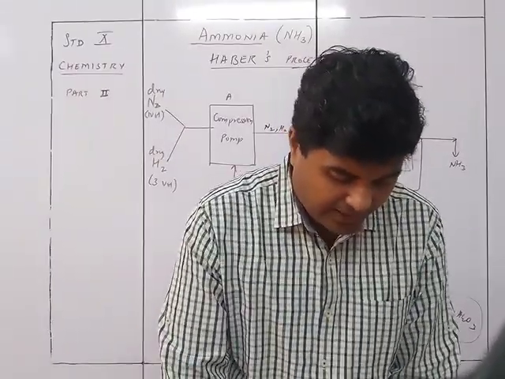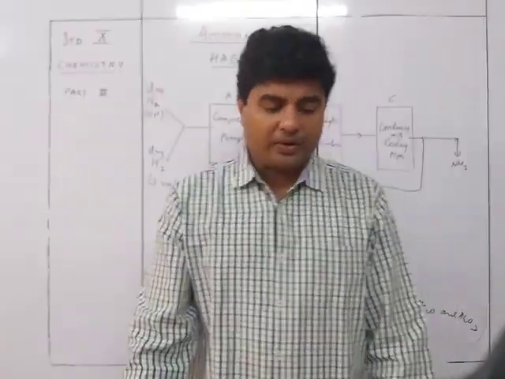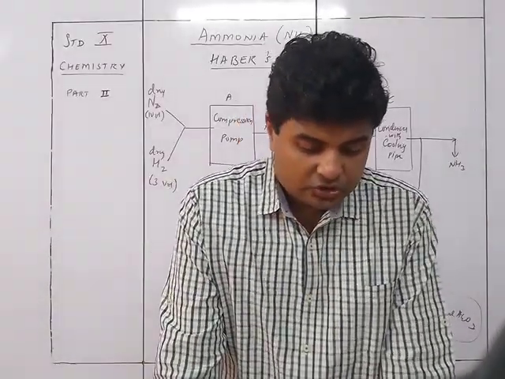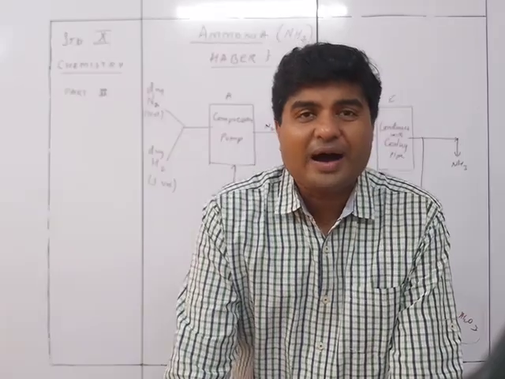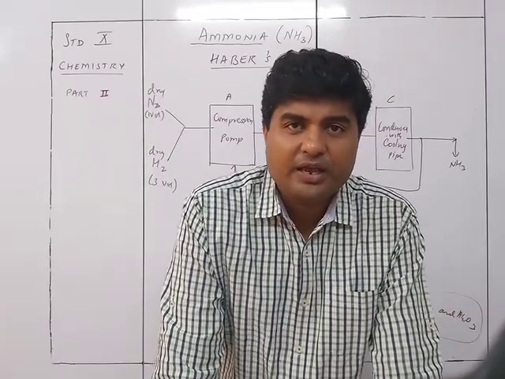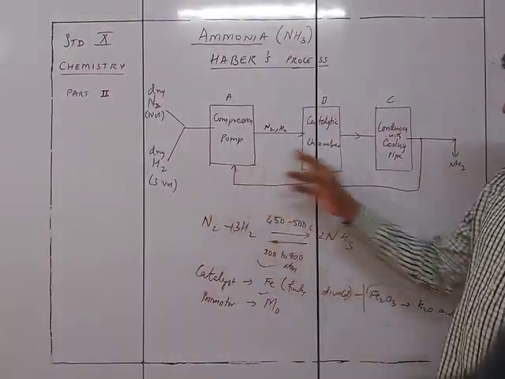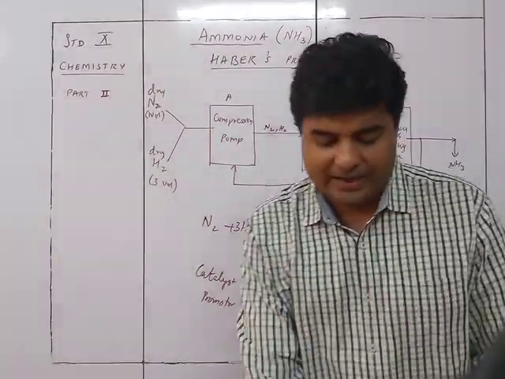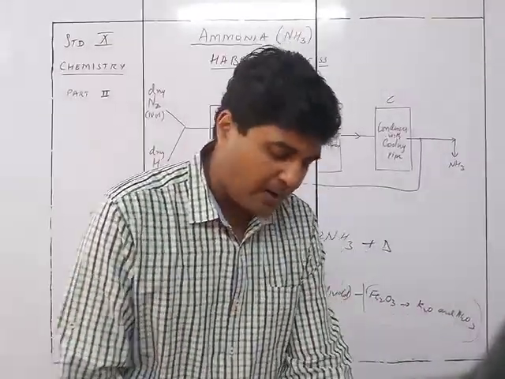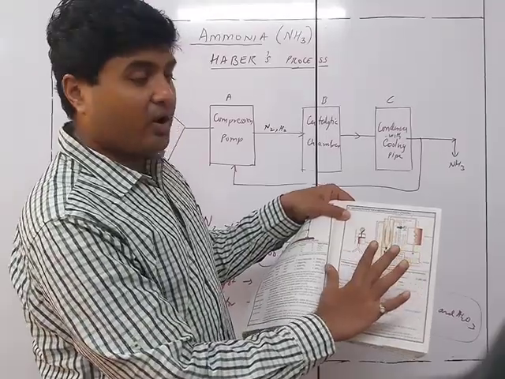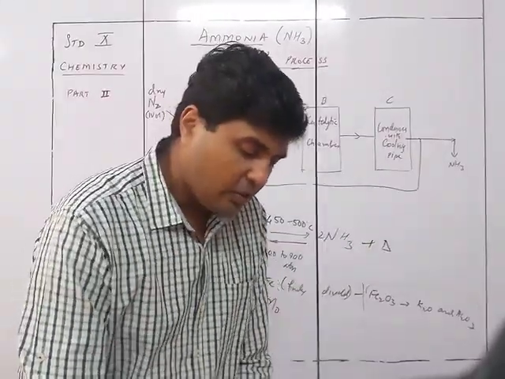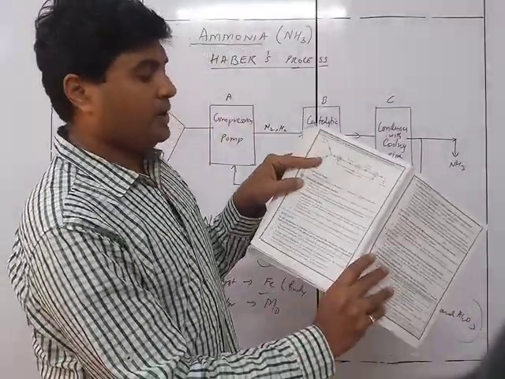Now we come to the detailed part of Haber's process. Whenever you are asked to draw the diagram for the Haber's process, you will draw this diagram. You are not going to draw the diagram which was shown earlier. That part is not important, it is just for your understanding. You are going to draw only this figure as the main thing.